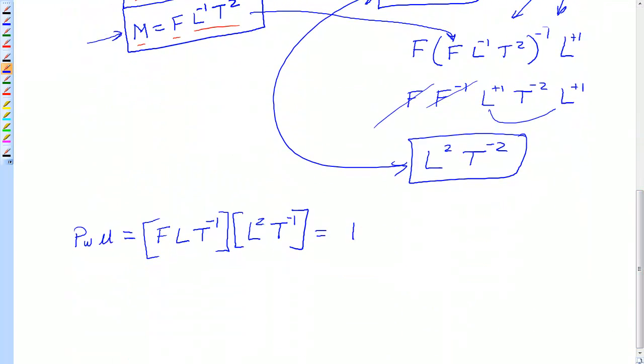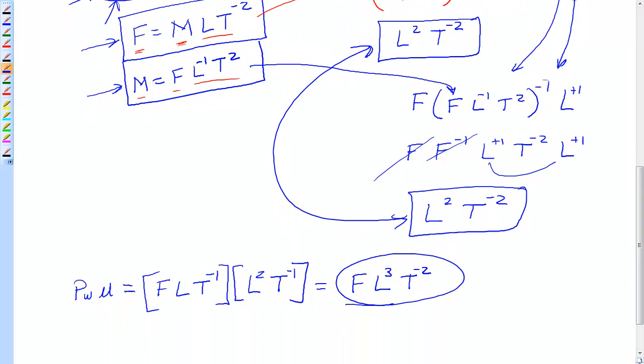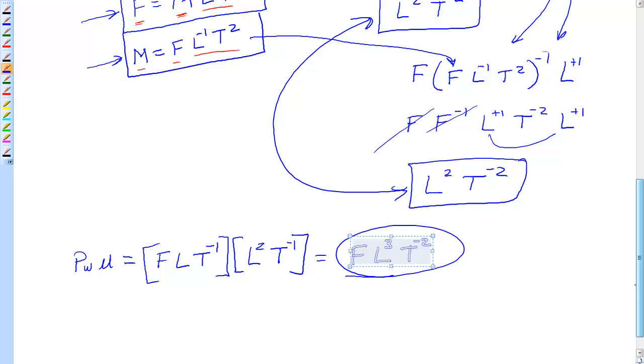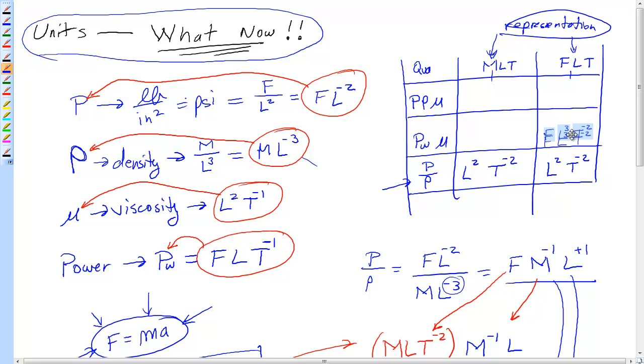Which means my final units will be F. There's now 3 L's, and there's now 2 T's. So immediately you could put this back in the equation if you wanted to. You could just grab it, go back up to wherever we were looking at this, and shrink it down, put it in there.